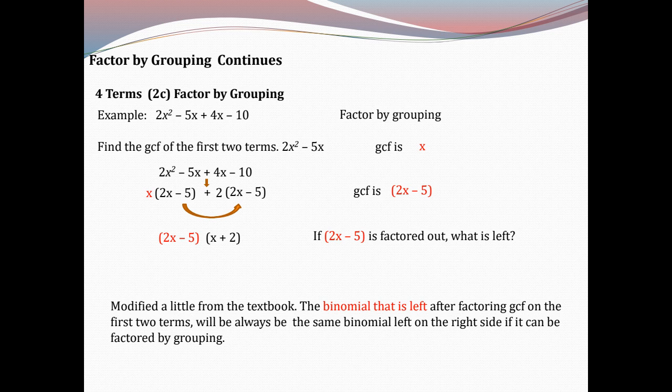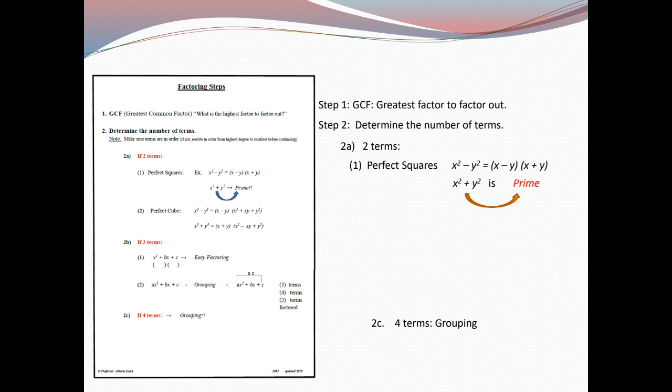Okay. All right. So what if we only have 2 terms? The first type of factorization that we can use when we have 2 terms is if our terms are perfect squares. If they are perfect squares and the squares are being subtracted from each other, they're always going to factor in this way.